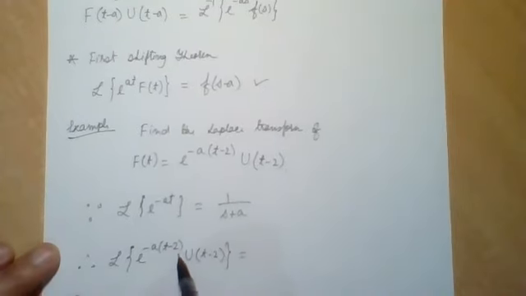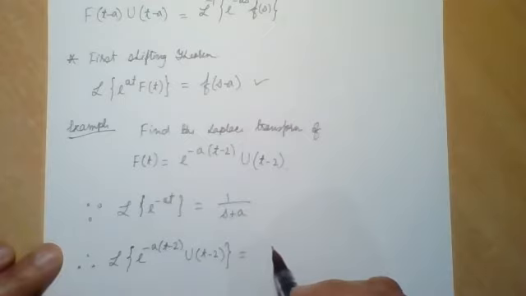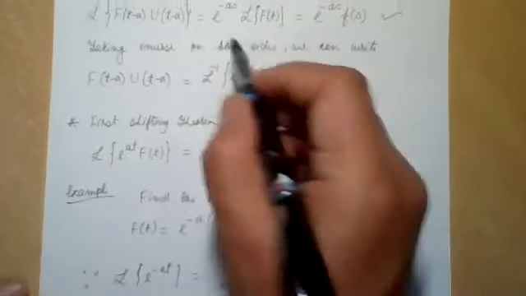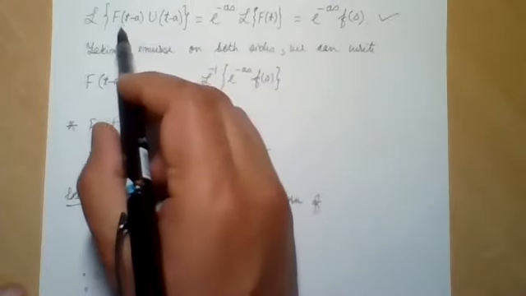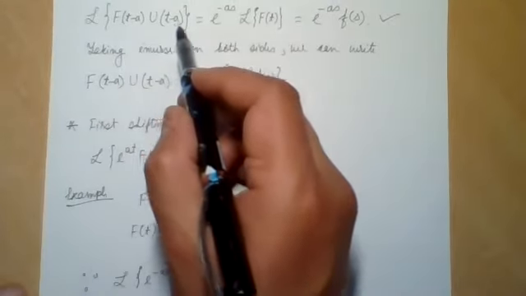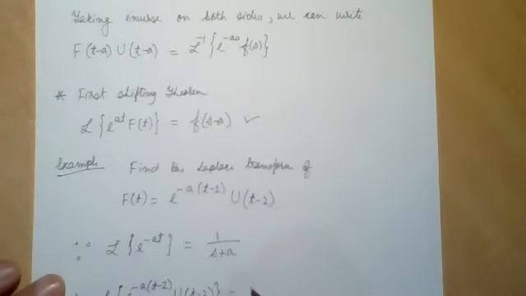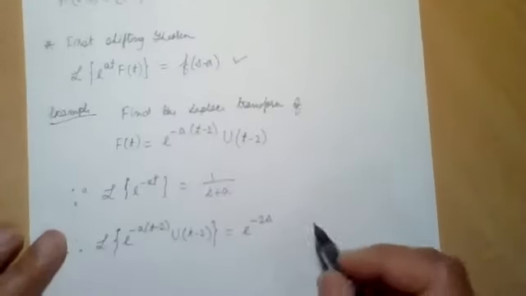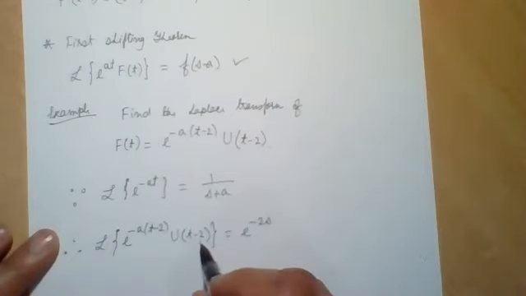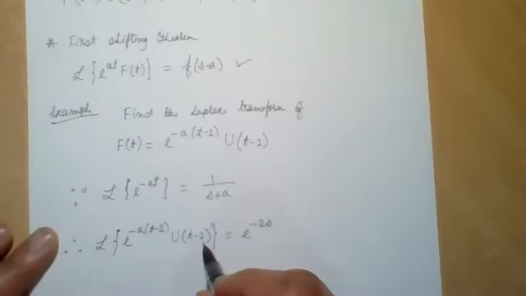So this would be e to the power minus twice s, because we have shifted by an amount 2.